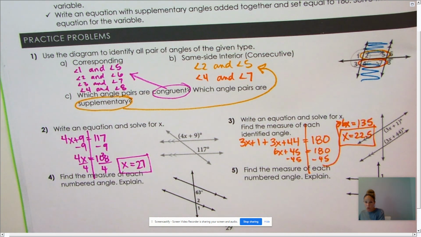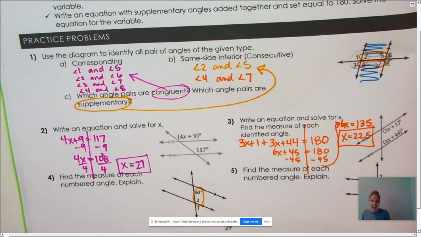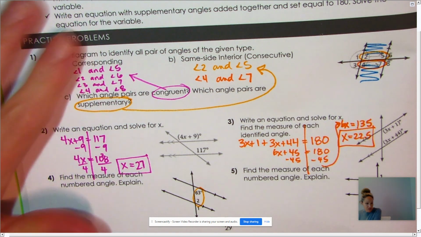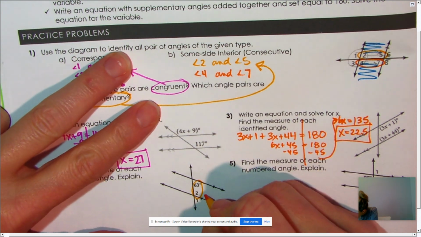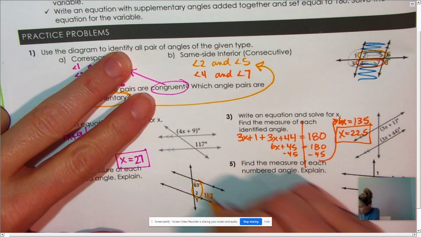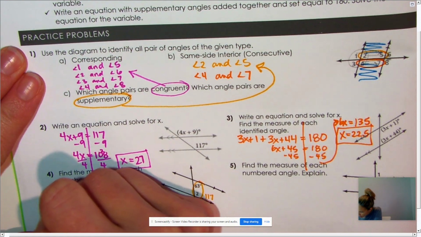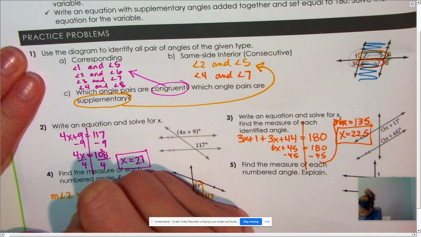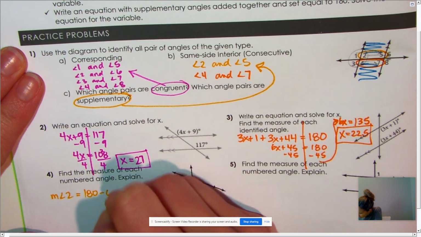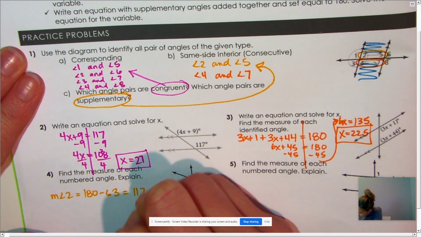Okay, question number 4 says find the measure of each numbered angle and explain. Well, I know that these ones are supplementary. They add up to make 180. So I'm just going to go 180, take away 63 is 117. So angle 2 is 117 because I know it has to make 180. Okay, so you could say measure of angle 2 equals 180, take away 63, which is 117 degrees.